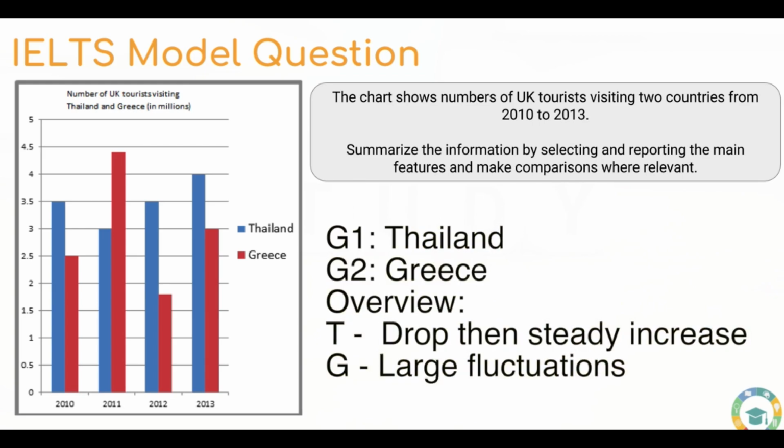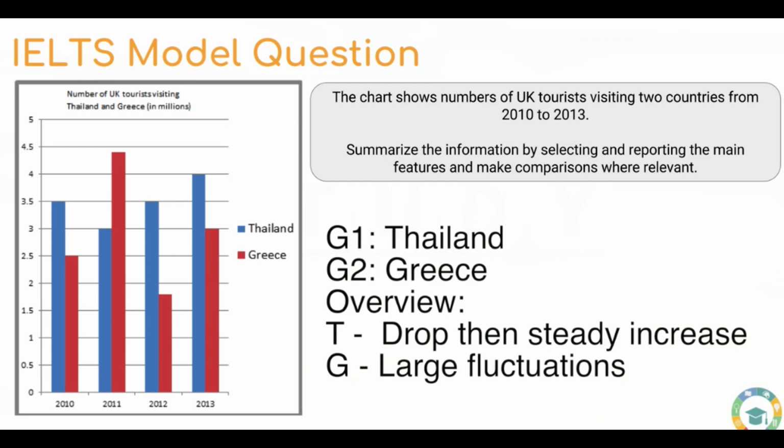As you should remember, the groups tell me what I need to write in each detailed paragraph. So as there's only 2 countries, I've decided that Group 1 or detailed paragraph 1 will all be about Thailand, whereas my second detailed paragraph will all be about Greece.